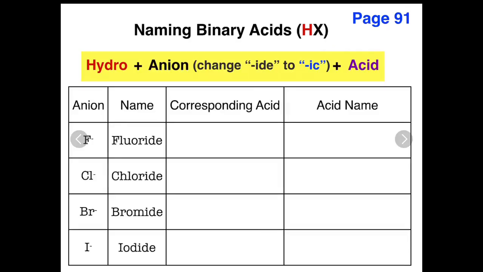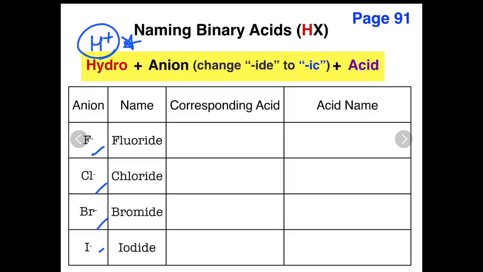So for example, these are the anions that we have. The name of the anion ends with "ide", similar to what we did earlier with the ionic compounds. Pretty much we already know that an acid gives off a proton, which is a hydrogen ion. So the corresponding acid would be the combination of the hydrogen ion with each of these anions. You do it similar to how you did it with the ionic compounds.